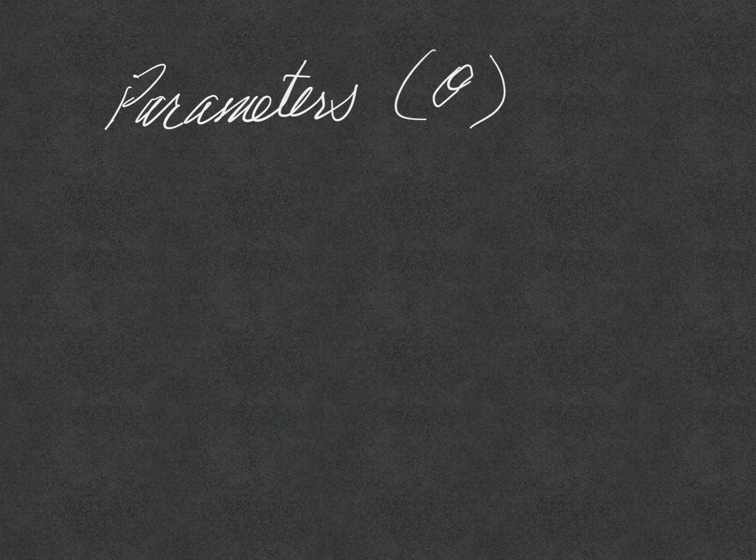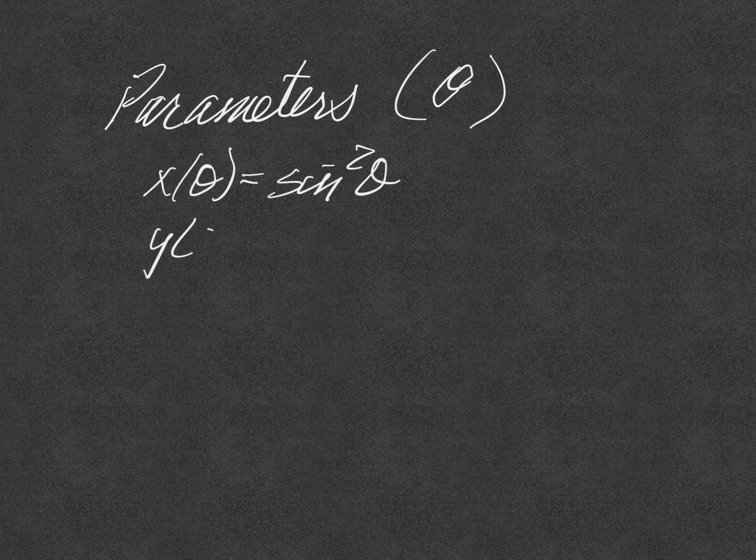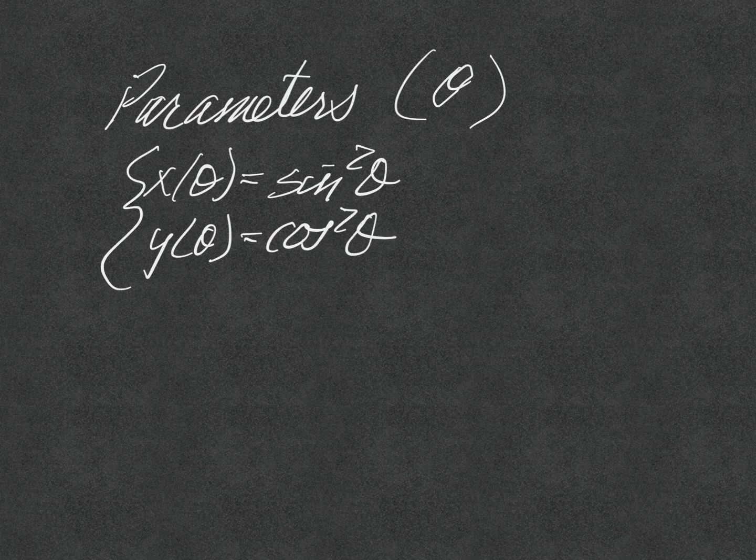So for instance, you might have x of theta is equal to sine squared theta, and y of theta is equal to cosine squared theta. And so these are your parametric equations, and then theta is an element of the interval negative pi over 2 to 0, and then you would graph that.